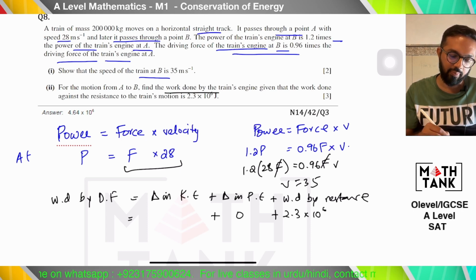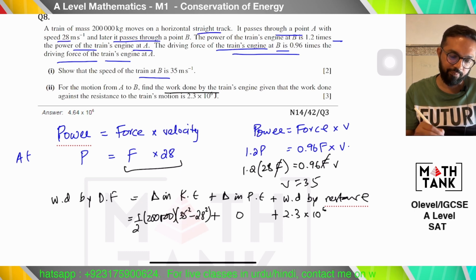No PE involved. Half M V squared minus U squared, plus work done by resistance.